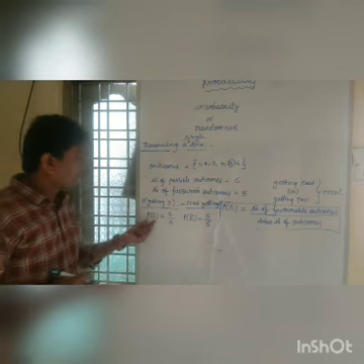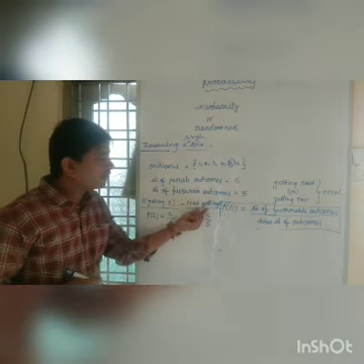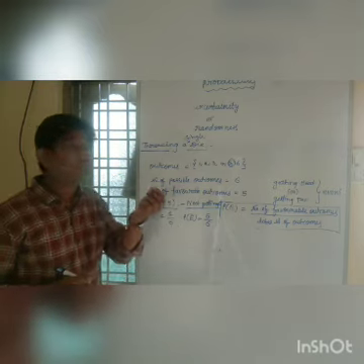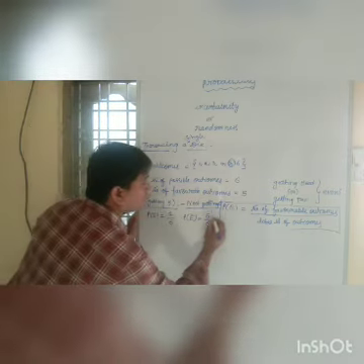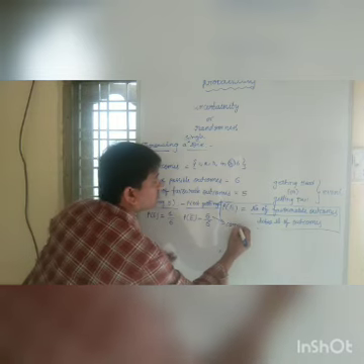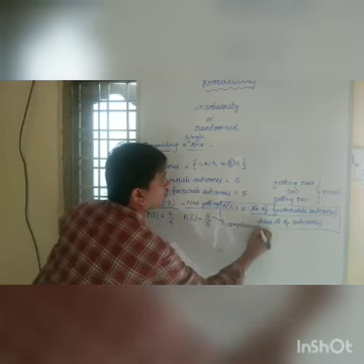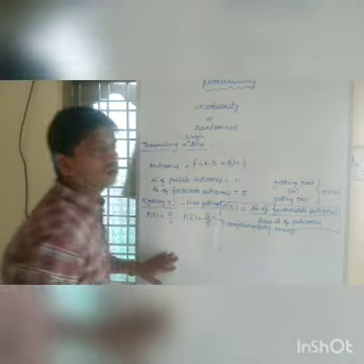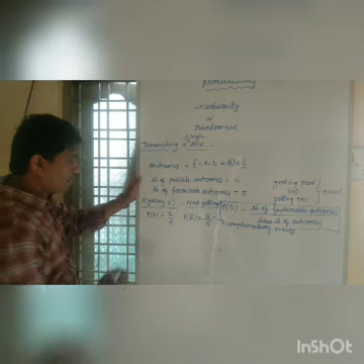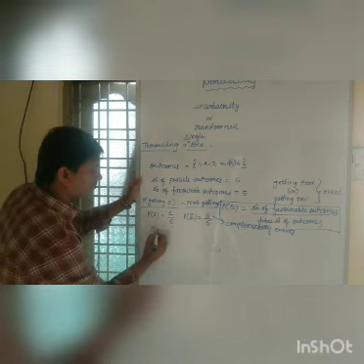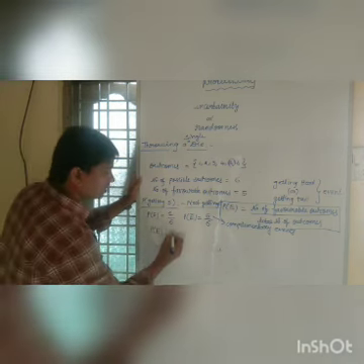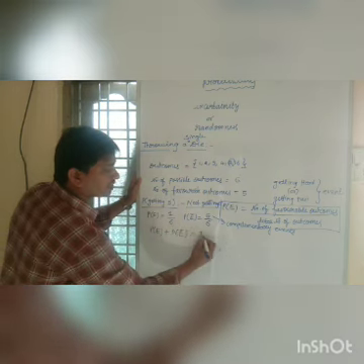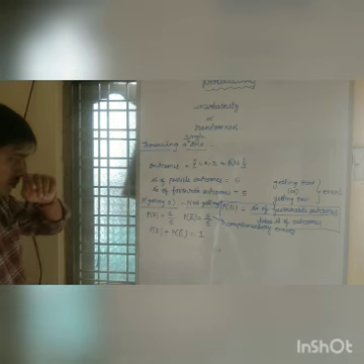See, probability of getting number 5 and probability of not getting number 5, they both are called complementary events. I mean, probability of getting a number 5 plus probability of not getting a number 5 must be equal to 1.